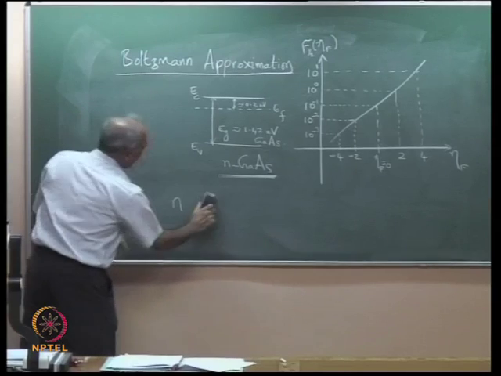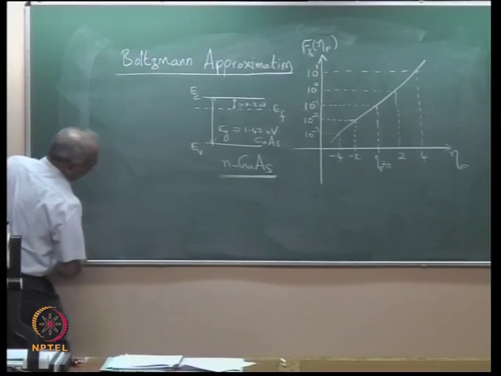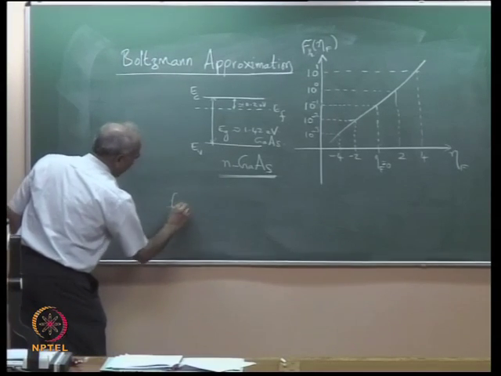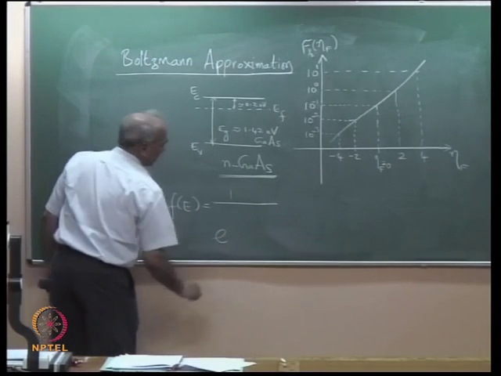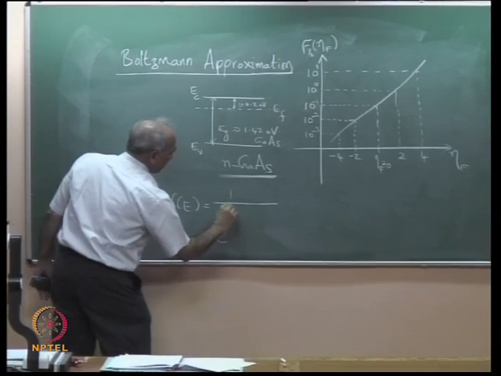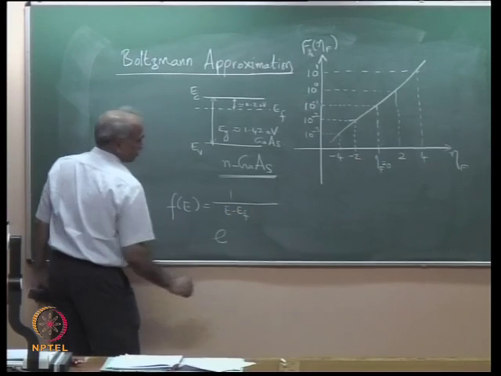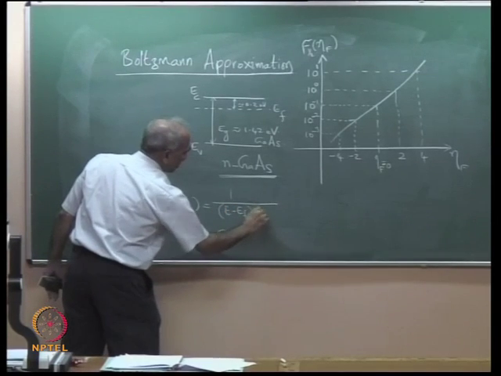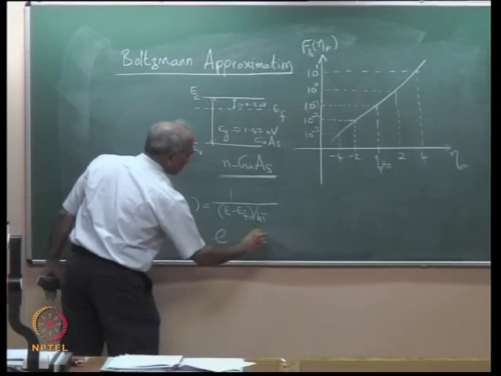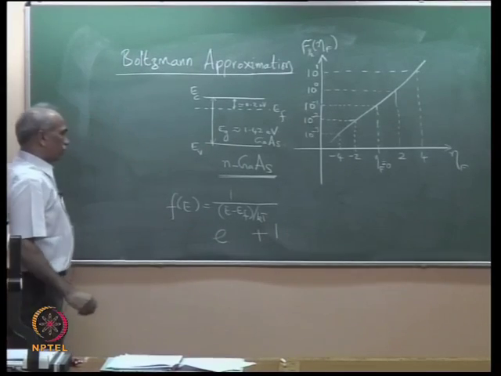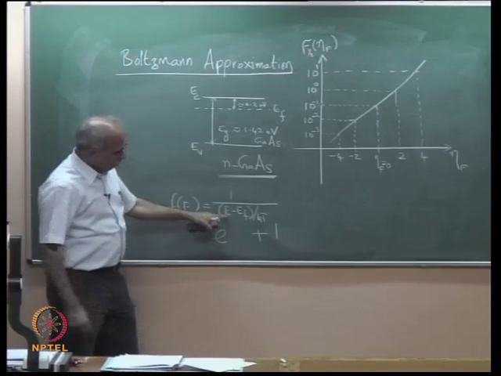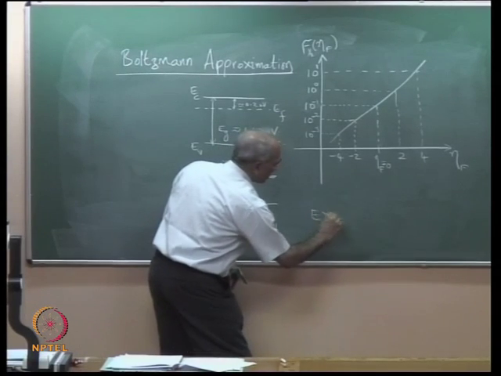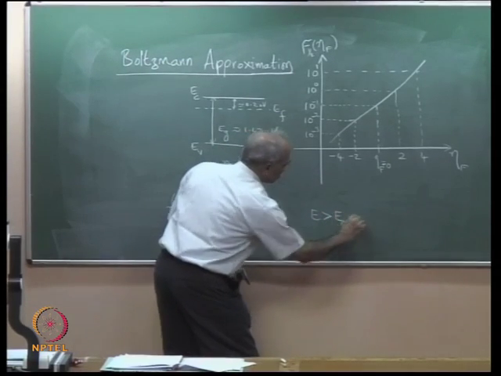The probability of occupation F of E is given by 1 divided by e to the power (E minus EF) by KT, plus 1, in the conduction band. In the conduction band, E is greater than EC.